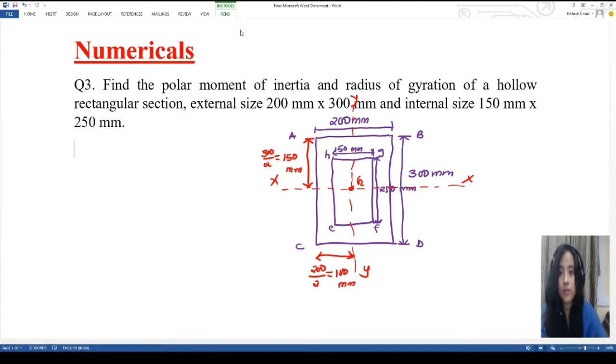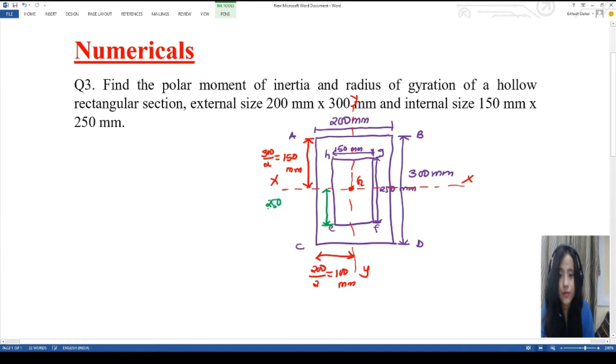Similarly, let's find for the internal rectangle also. For the internal, this height here will be equal to small d divided by 2. So the small d here is 250.